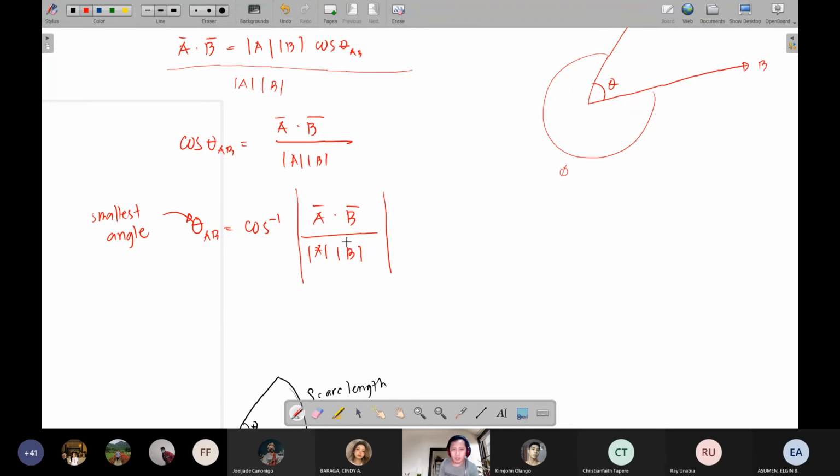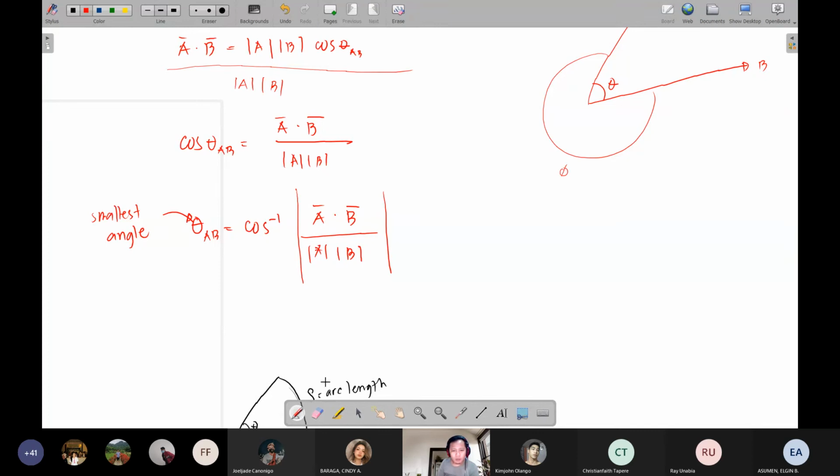Sir, pwede din naman negative, sir. Yes, pwede. Pwede man naman negative ang A dot B nimo. Ang magnitude sa A o magnitude sa B, positive gyud always. Pero ang A dot B, pwede man negative. So again, kailangan positive values tanan before na to i-arc cosine so that we can get the smallest angle. Okay? Take note ha, smallest angle gyud ang atong kailangan.